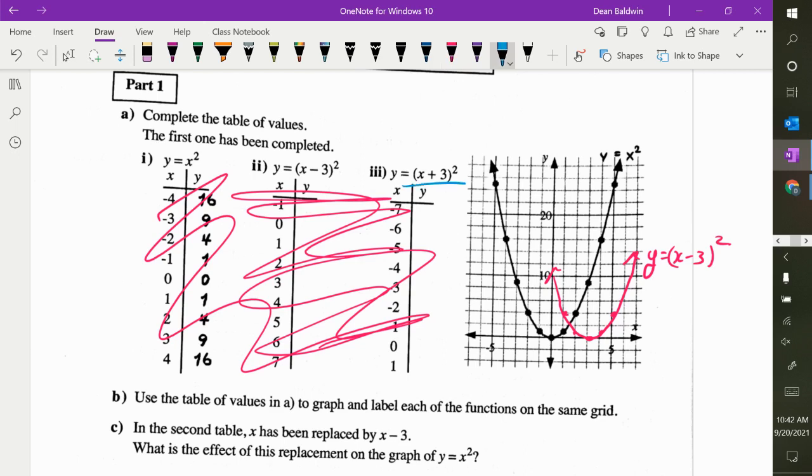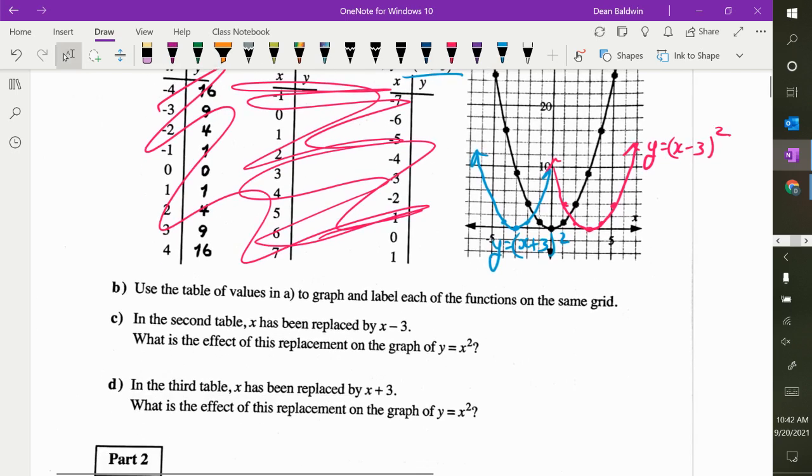What does this plus 3 do? 3 units to the left. 1, 2, 3. Okay. Any questions about that so far?